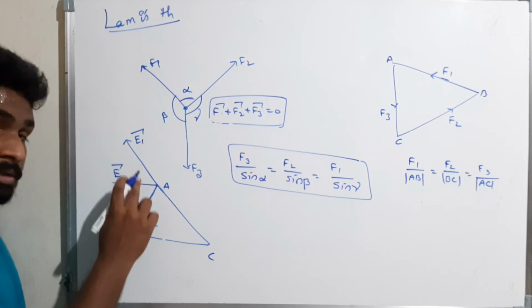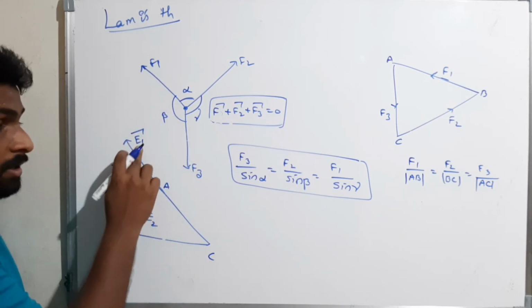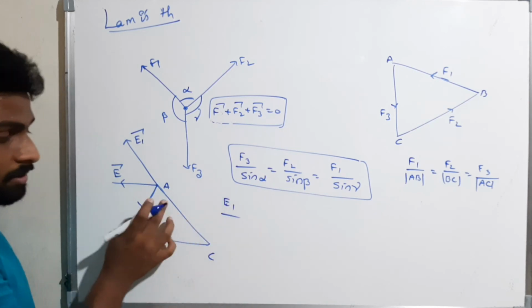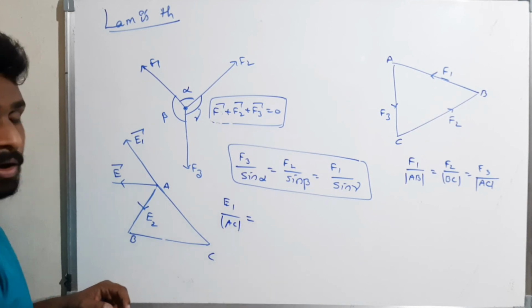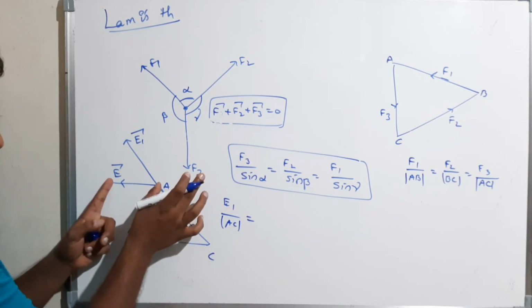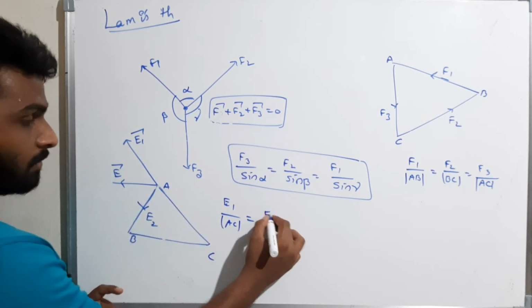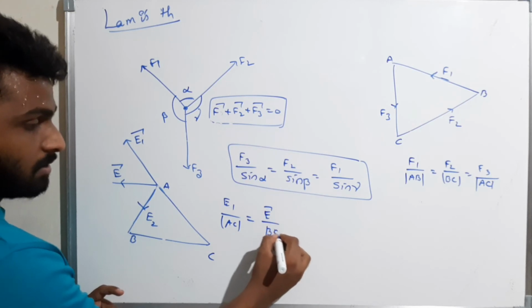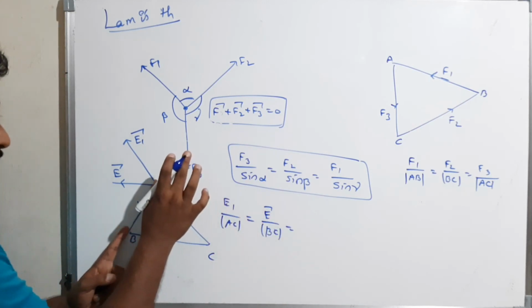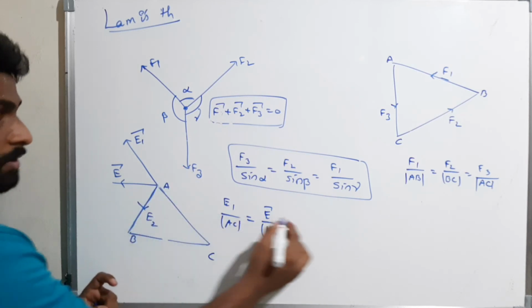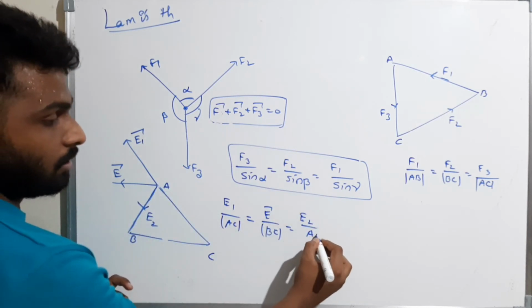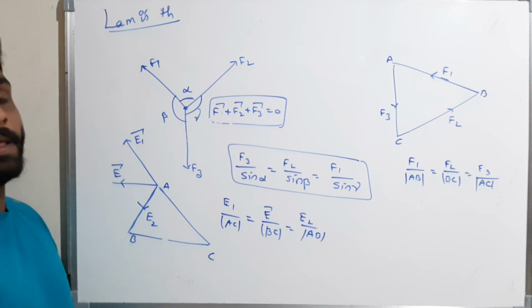Now I can use the same thing in Lami's theorem: E1 bar by the side AC, E bar representing the side BC, E bar by BC, and E2 representing the side AB, therefore E2 by AB. Isn't this clear?